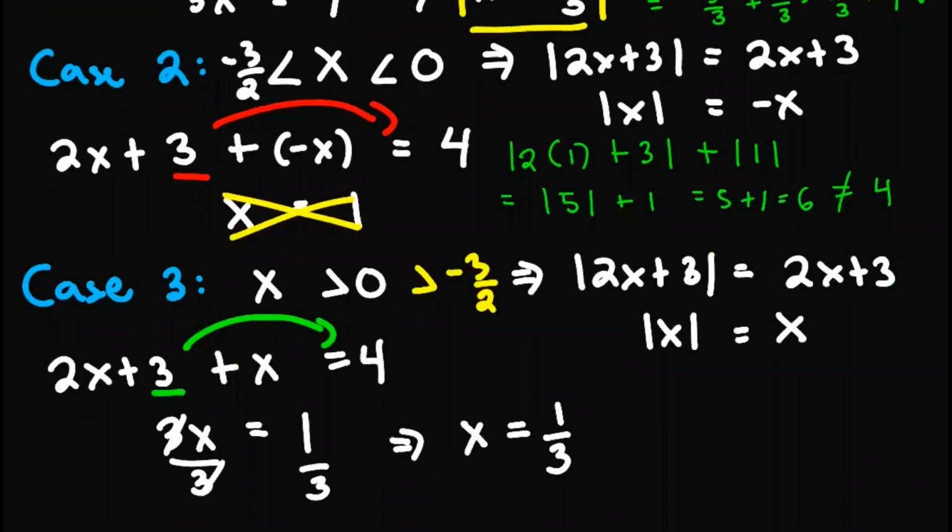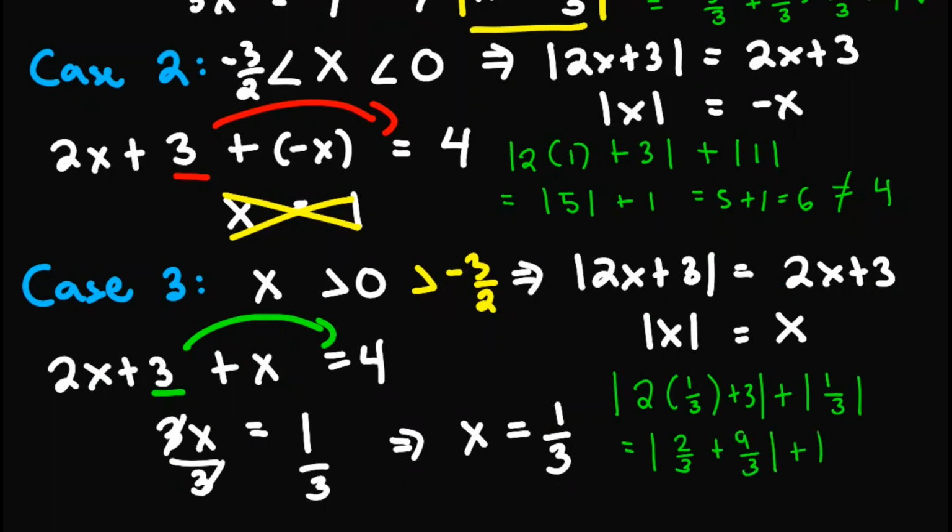Last case. For this one, we've got the absolute value of 2 times 1 over 3 plus 3 plus the absolute value of 1 over 3. Simplifying this, we'll obtain, on the left side, 2 over 3 plus 3, which can be written as 9 over 3, plus 1 over 3.